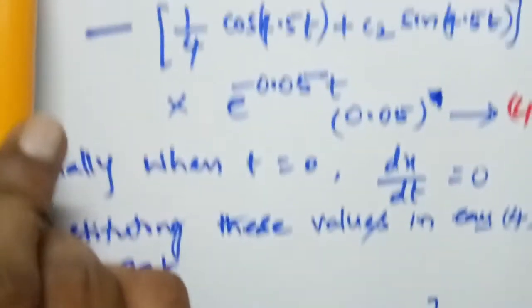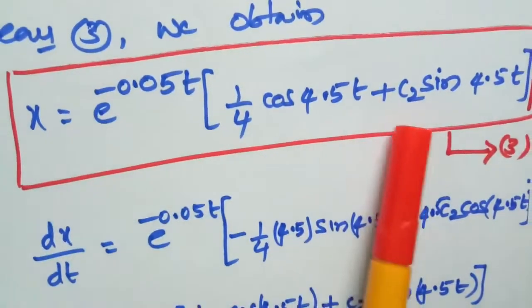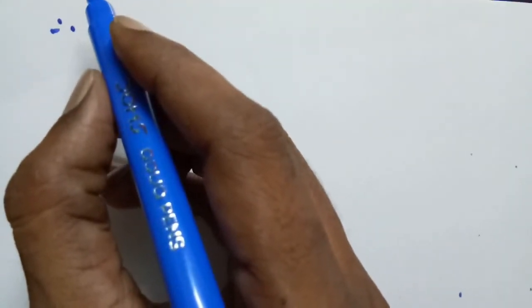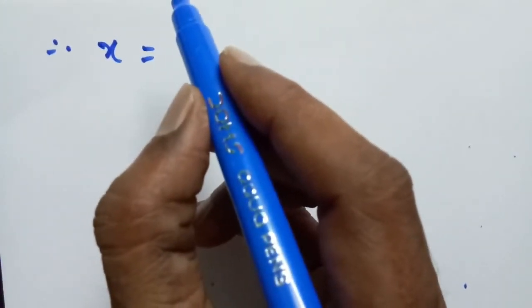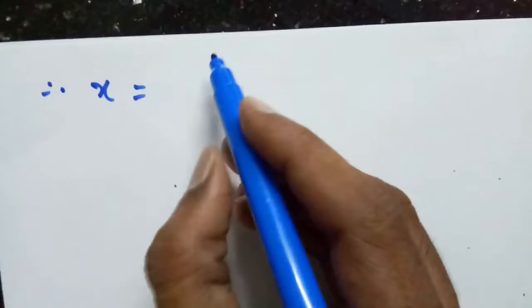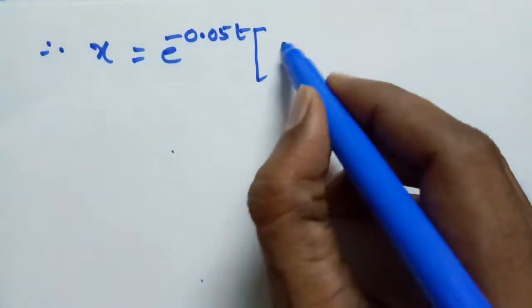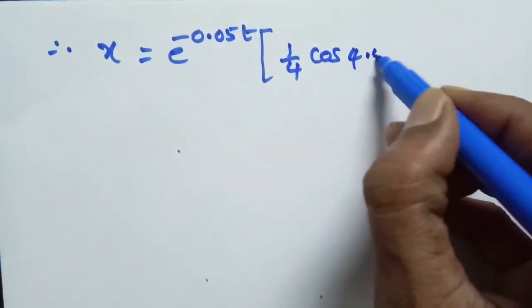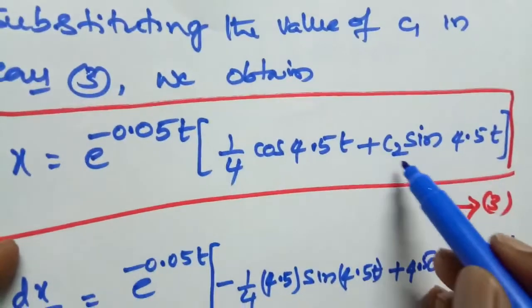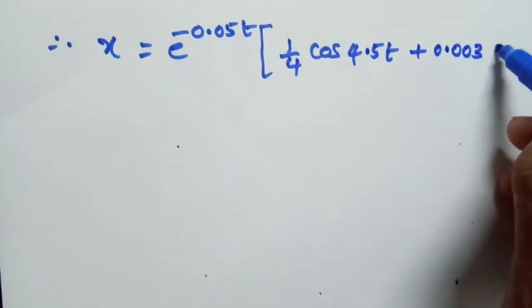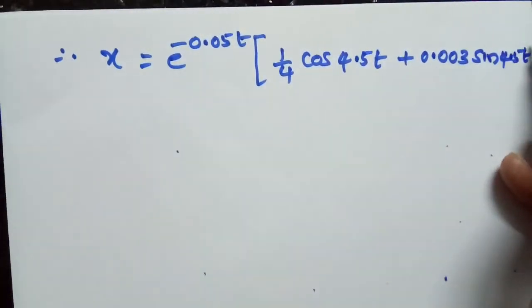Therefore, substituting C2 value in equation number 3, x is equal to e to the power of minus 0.05t into 1 by 4 cos 4.5t plus C2 value 0.003 into sine 4.5t.